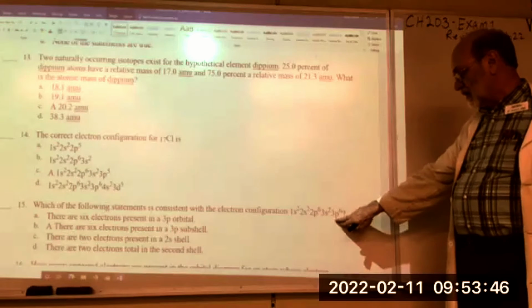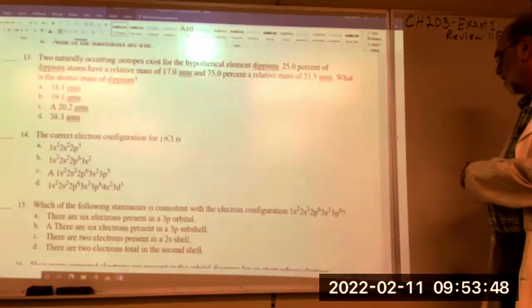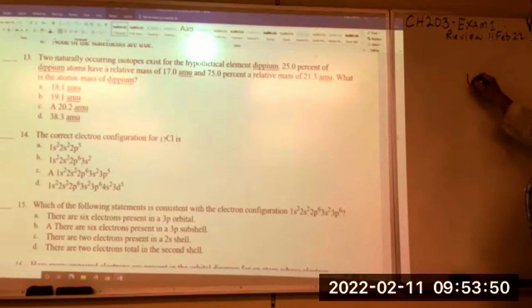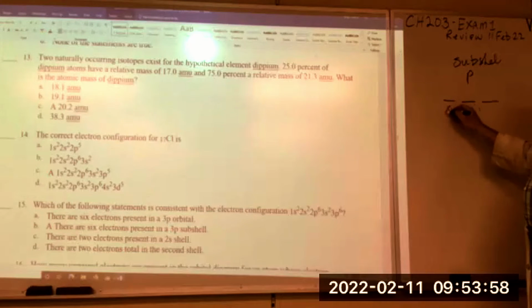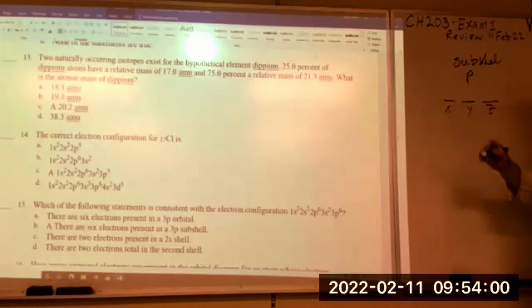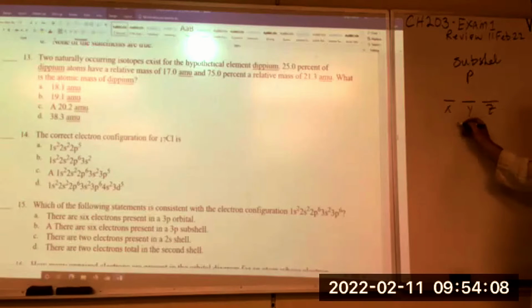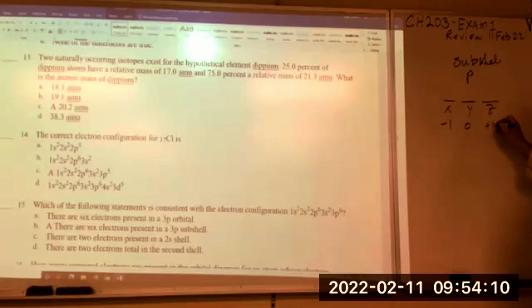That's a subshell. The p's have 3 orbitals within them, x, y, and z. Their quantum numbers are -1, 0, and +1.